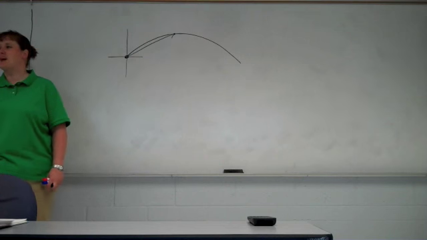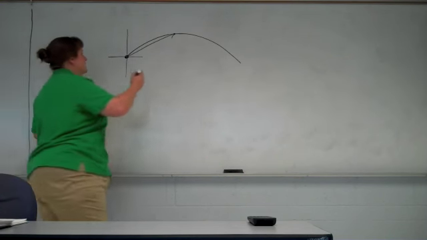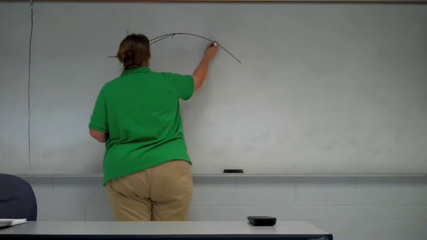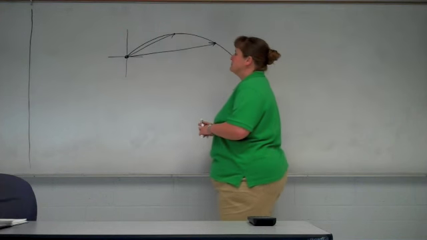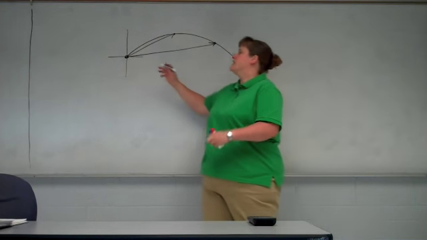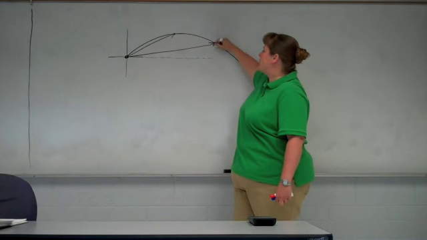But the position will have an x component and a y component. Sometime later the ball's over here. So its position is that way. It has an x component and a y component.